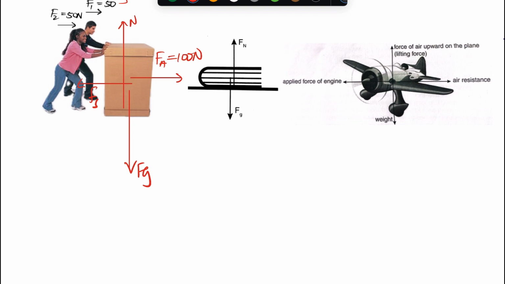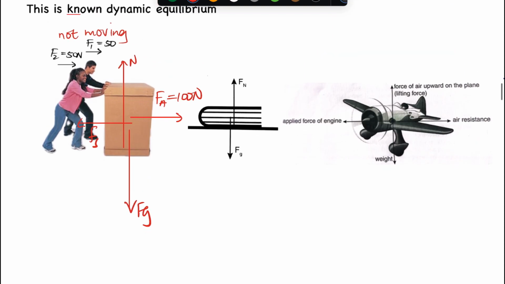When you draw a vector diagram of that, these two horizontal forces are equal but in opposite directions, so they cancel each other. This means the frictional force is also 100 newtons but in the negative direction.